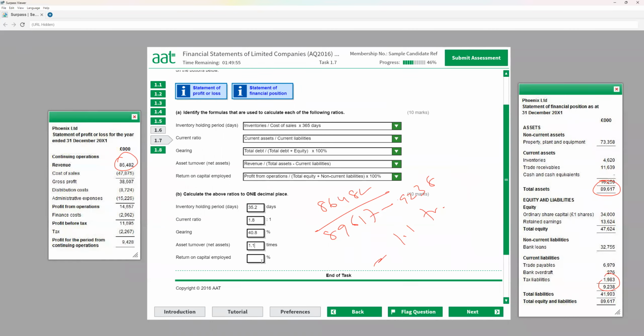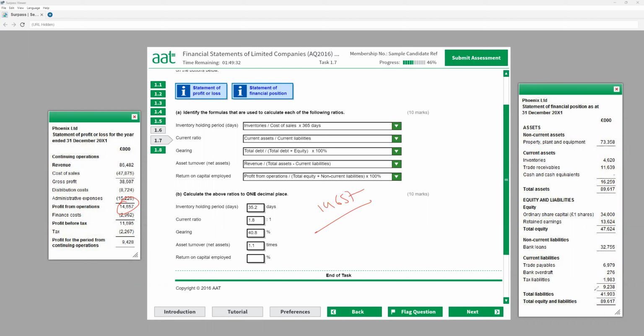And ROCE, return on capital employed. So we have profit from the operation, 14,657, and total equity plus non-current liability.